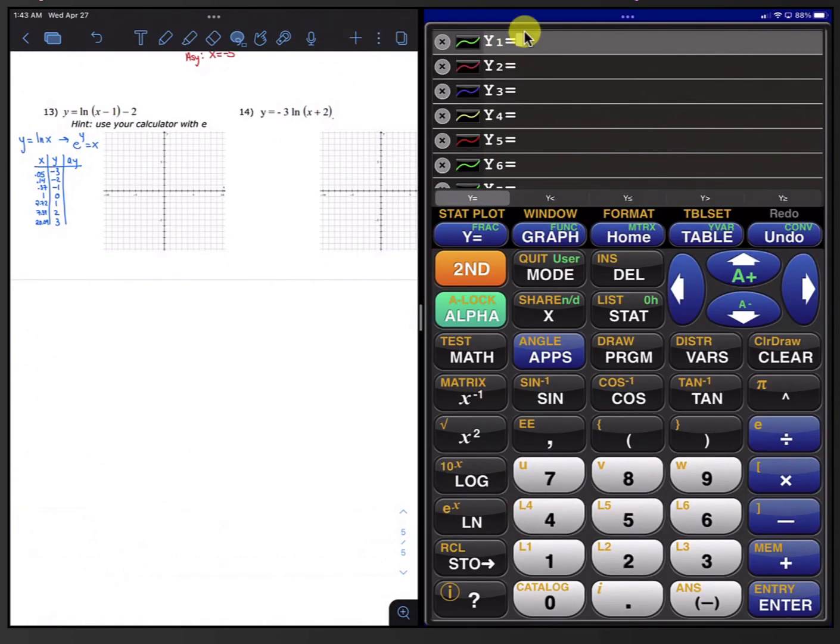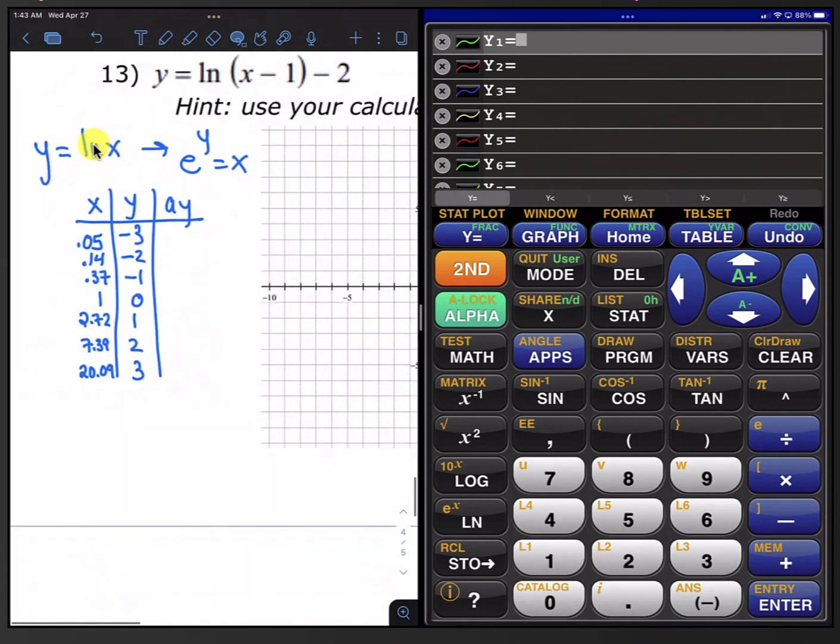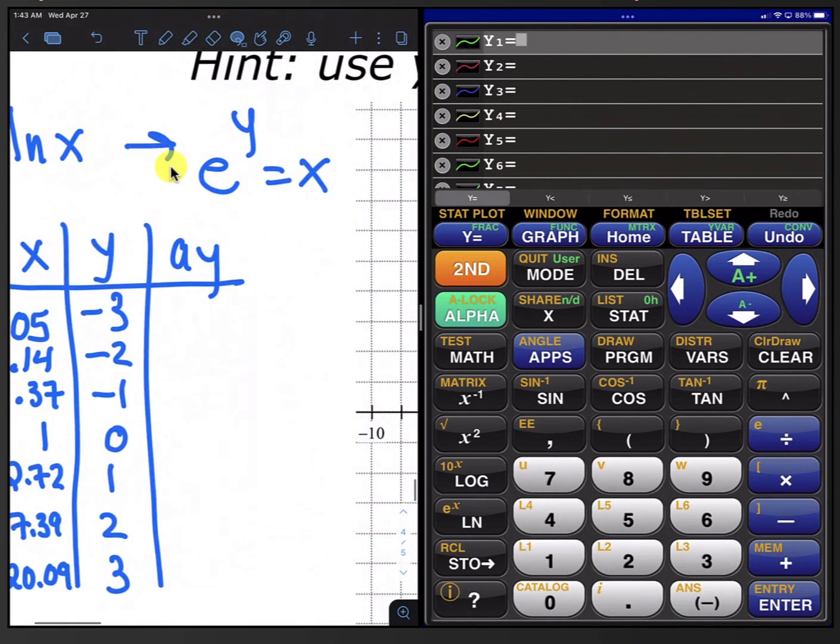All right, so I've got my calculator over here, and I want to type in the e to the x. I'm typing in the e to the y, but the calculator understands x as the variable. So we're going to type in e to the x here. The best way to do that is to hit the second button, followed by this e to the x right here, which is the second function of the natural log.